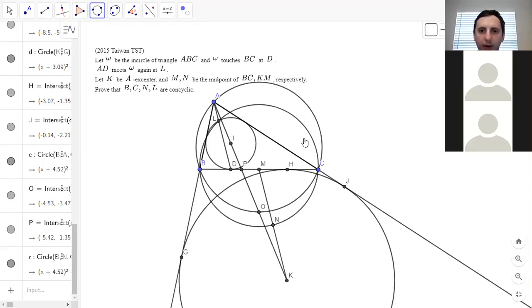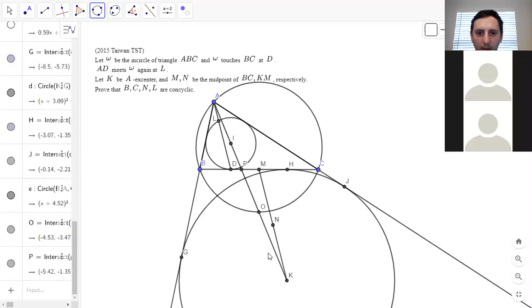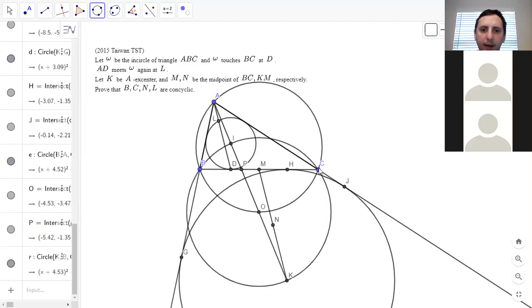Well, wait, you know what? Let's draw the circumcircle of BKC, because here's my, okay, yeah, BIKC is cyclic.